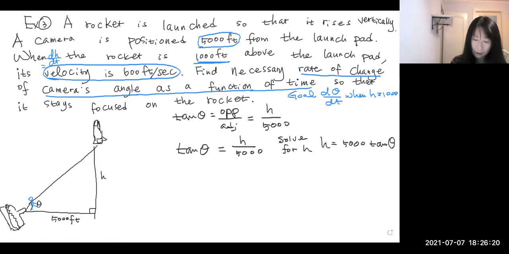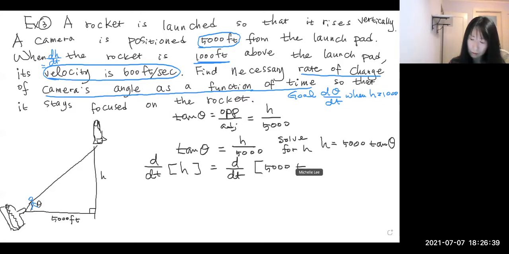Now we're going to take the derivative with respect to time. 5,000 tan theta, right?